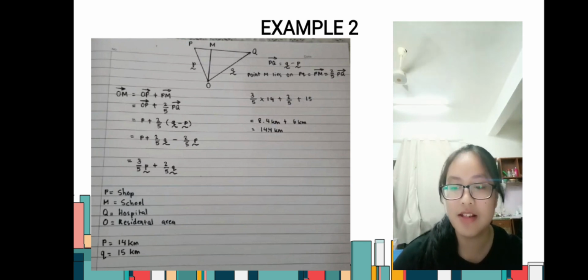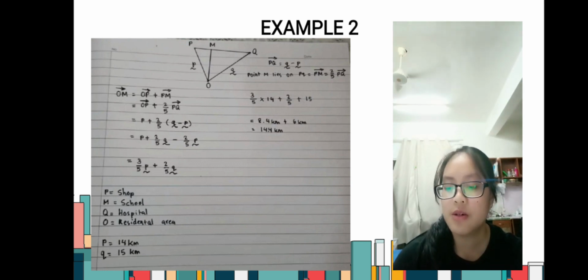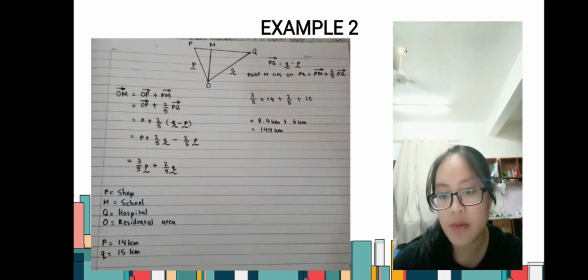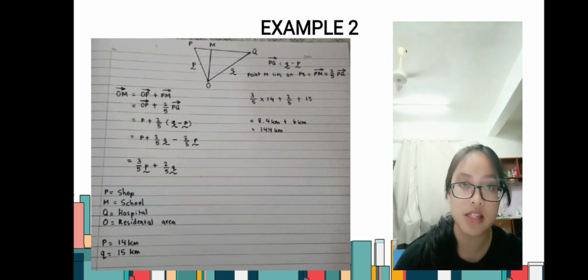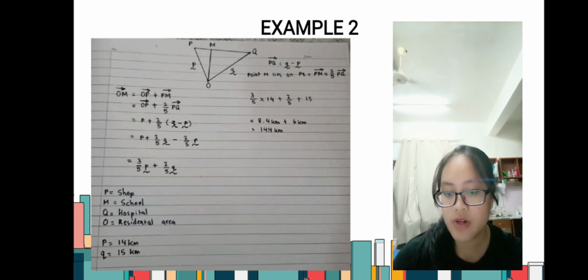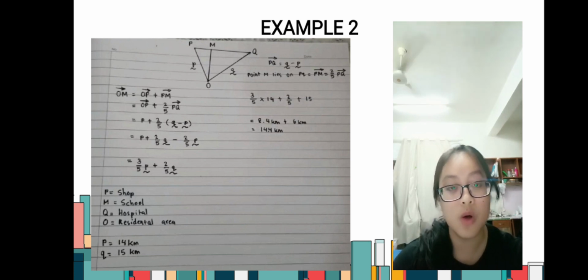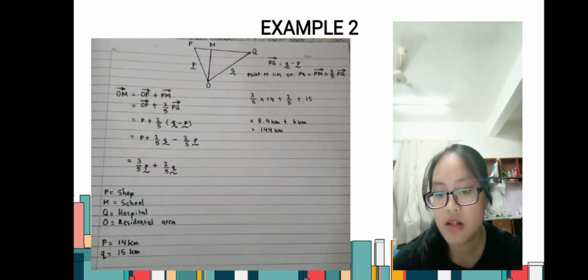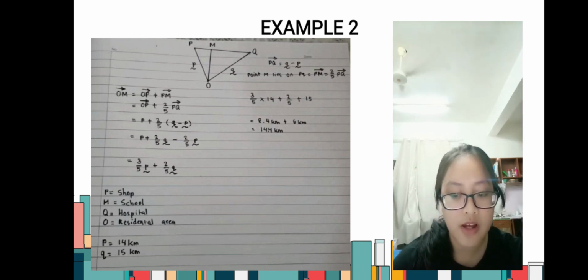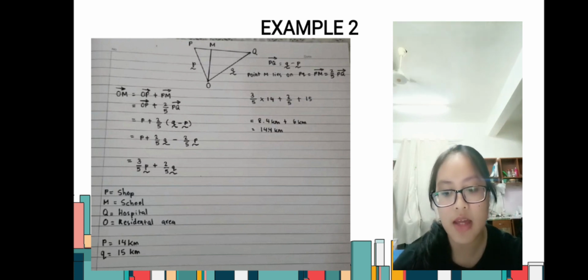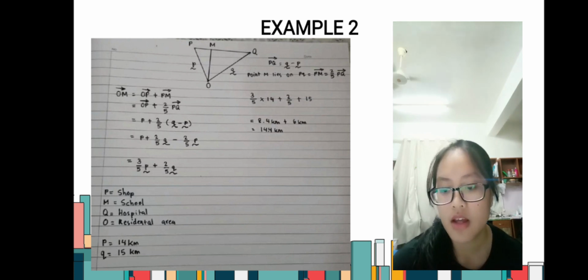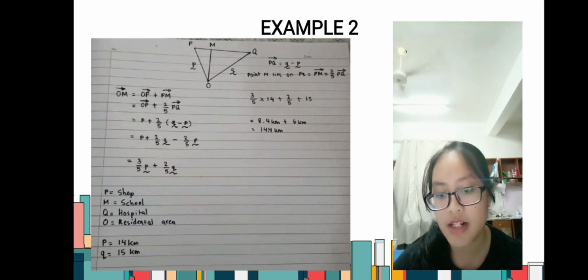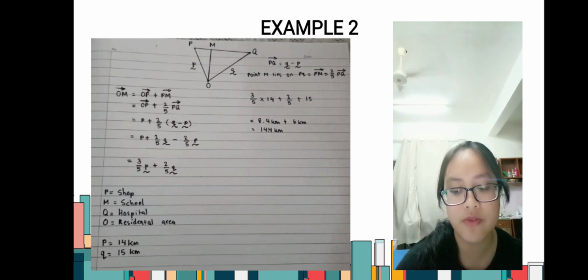For the next question, as you can see, there's a triangle here. So AC equals C minus A. Point B lies on AC, where AB equals 2 over 5 AC. Now we need to find OB equals OA plus AB, which is OA plus 2 over 5 AC, equals A plus 2 over 5 times C minus A, equals A plus 2 over 5C minus 2 over 5A.